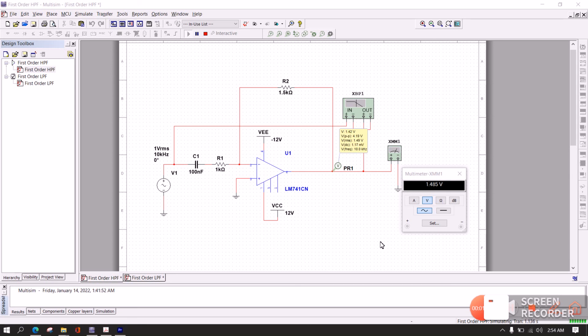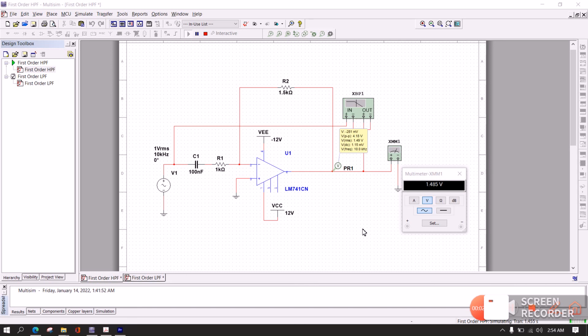In the stop band from 1 kHz to 10 kHz, the gain increases at a rate of 20 dB per decade. However, in the pass band after the cut-off frequency 1 kHz, the gain remains constant at 3 dB. The upper frequency limit of the pass band is determined by the open loop bandwidth of the operational amplifier used.